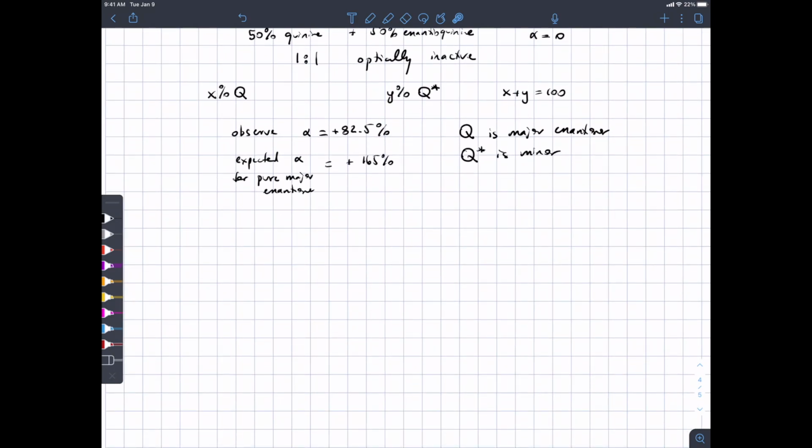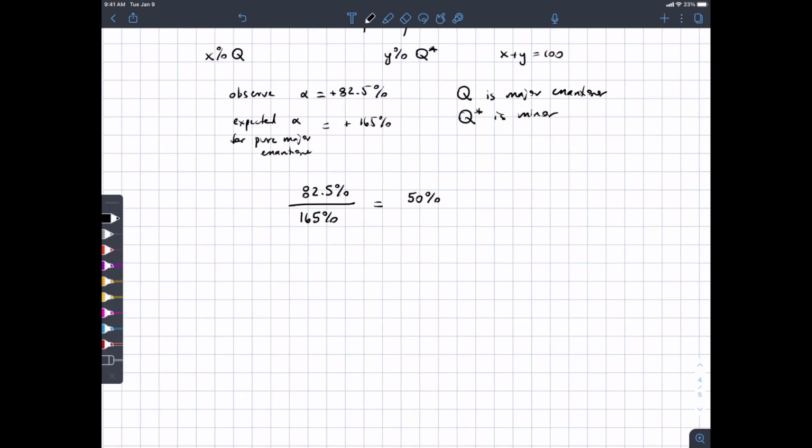So if I take the observed optical rotation and I divide it by the expected optical rotation for the pure major enantiomer, that number happens to be 50%. That's not the composition of the mixture. That's what we call enantiomeric excess.